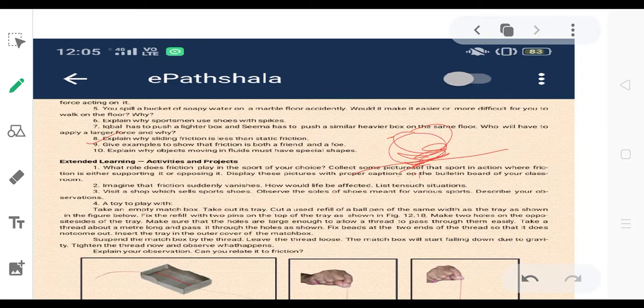So when an object is in motion, the sliding friction is smaller than the static friction, as the interlocking during motion is very small.